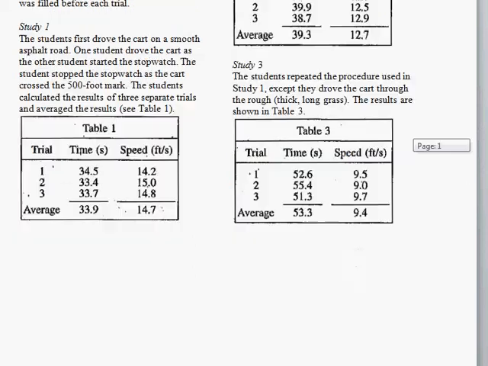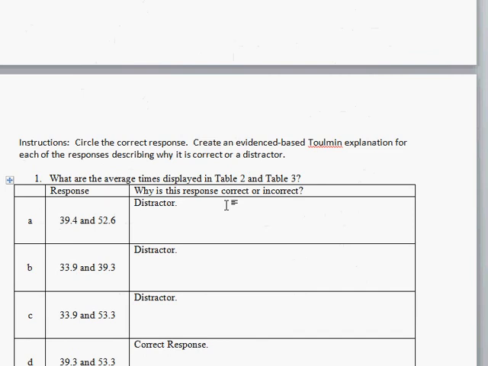So it's a distractor because both values appear in Table 2 and 3.